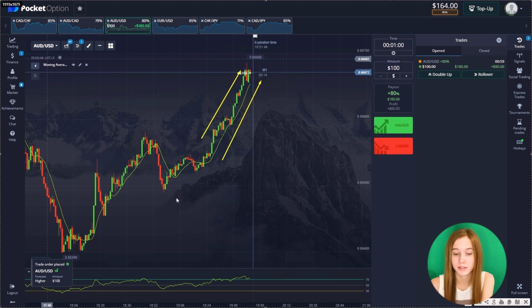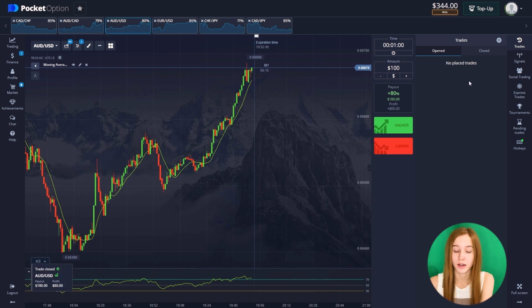So we opened correct RSI in the down position because of a red candle. We are near the overbought zone. Yeah, great. Plus deal profit is $80.